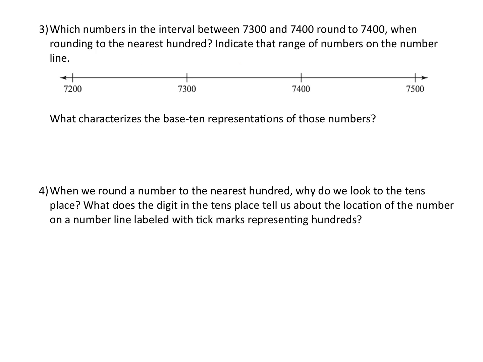Okay, so which numbers in that interval round up to 7,400? So again, I'm going to mark the halfway point, which is 7,350. And the numbers that round up would be from 7,350 to 7,400. So 7,350 would round up to 7,400.